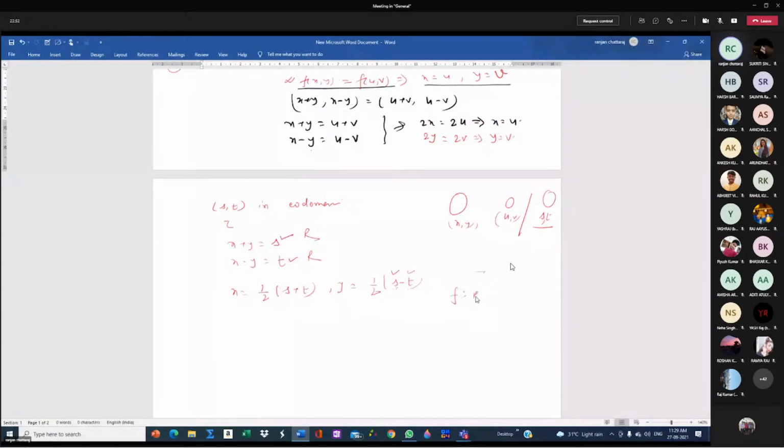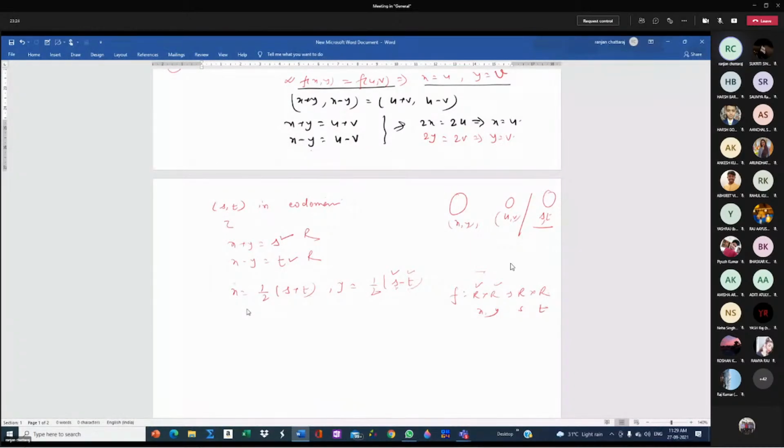We have a function f from R cross R to R cross R. So this is s, this is t, and this is x, this is y. Since s and t belong to R, the algebraic operations s minus t or s plus t also give a real number. So x and y are real numbers. That means it is a one-to-one function.